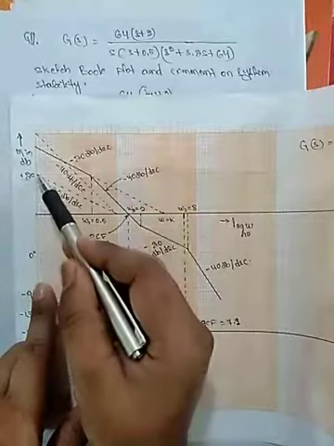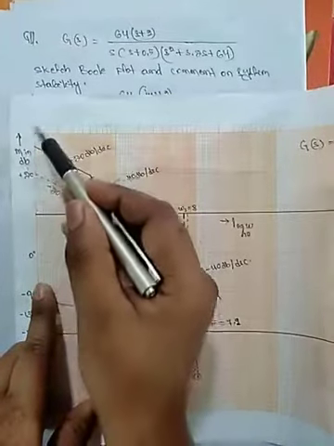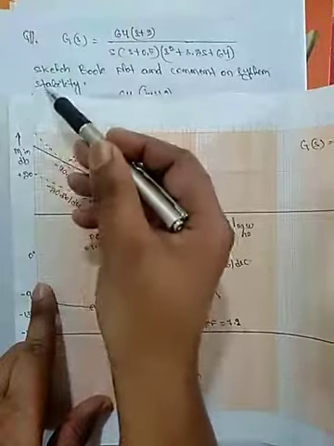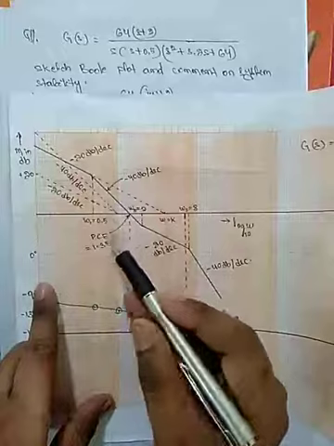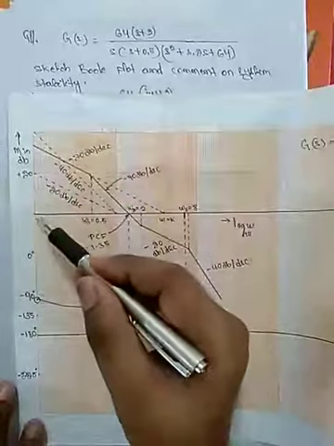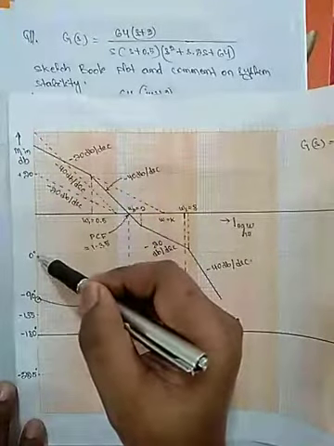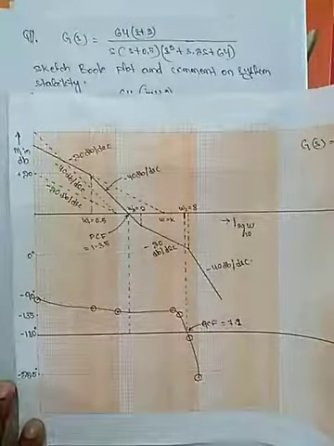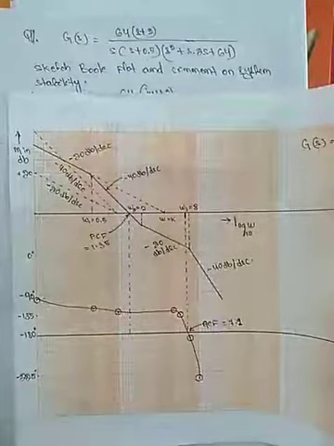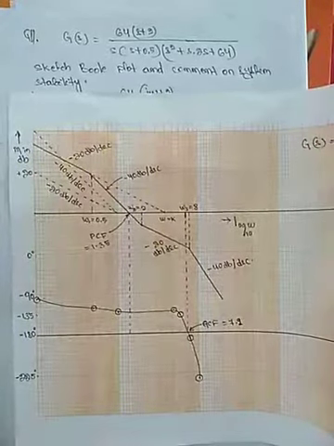In the first 10 division you take plus 20, then plus 40, then plus 60 according to the net slope, then similarly minus 20, minus 40, like this you take.